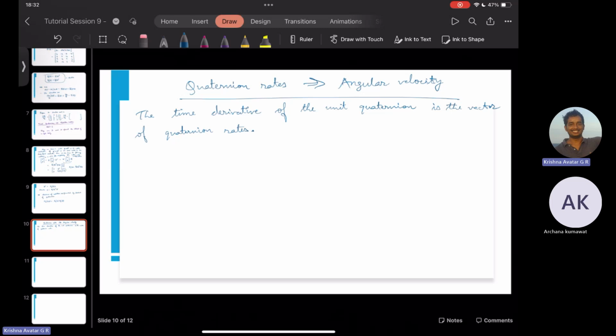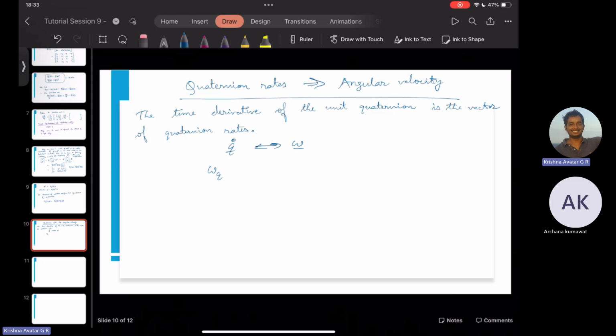And so the quaternion rates are related to the angular velocity. There is some relation between the quaternion rates and the angular velocity. So the function that maps a unit quaternion and its temporal derivative to the angular velocity is given by WQ.